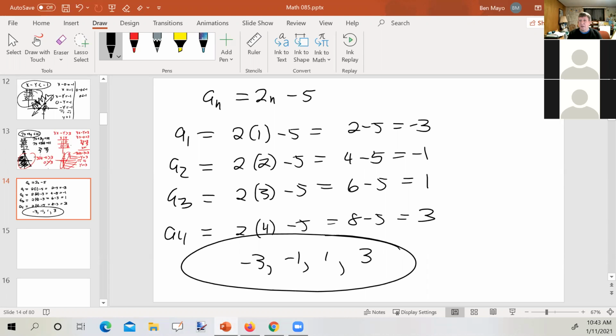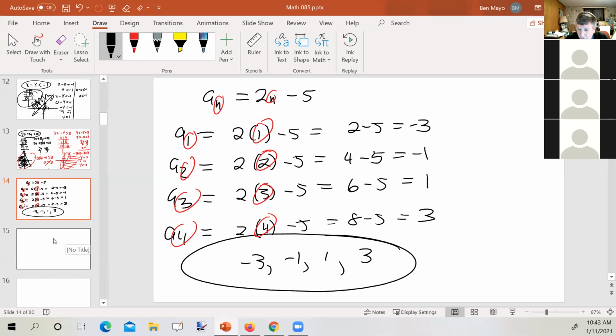Any questions about that particular problem? So in each case, this n goes here. All right. Let's take a look at the next. But we have to do it for 4 of them, not 5.